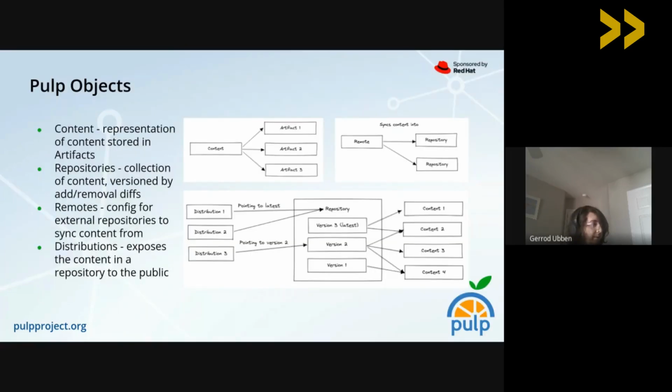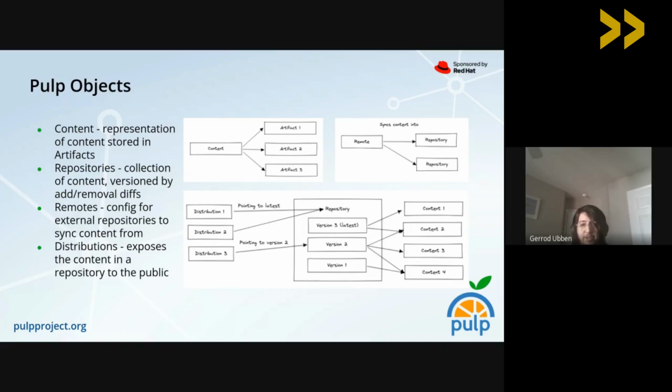So this is a brief overview of some of the key concepts in Pulp. Like I was describing before, artifacts are deduplicated in Pulp, and they are a part of what we call content units. And this content unit can be of many different types: RPM, containers, Python packages. Each content type is stored within a repository.